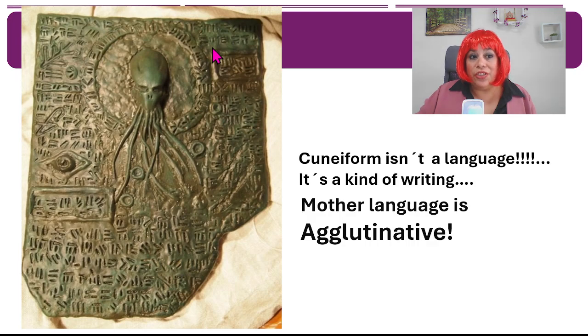So let's start by remembering that cuneiform is not a language. It's a kind of writing. Nowadays, there are a lot of translations of cuneiform tablets, but they come from other languages: Akkadian, Elamite, Hittite.